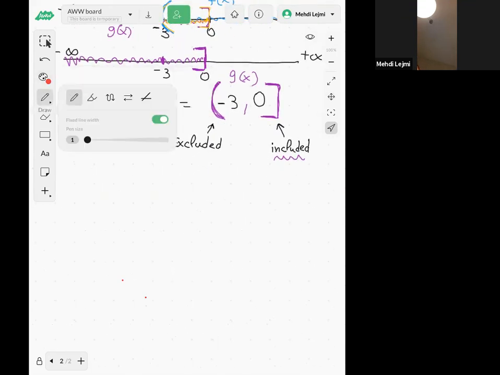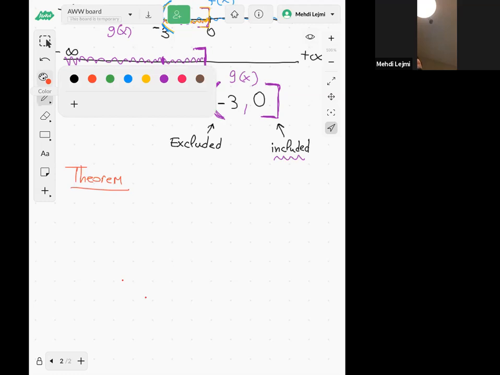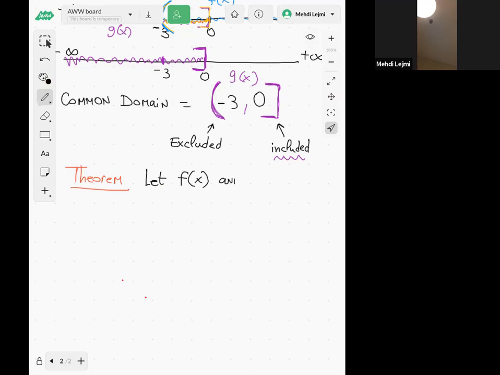So this is, let's say, a theorem. Let's say you have two functions, f and g.